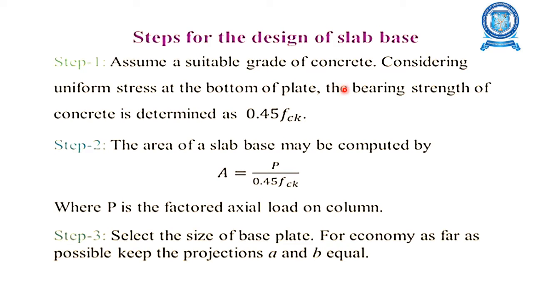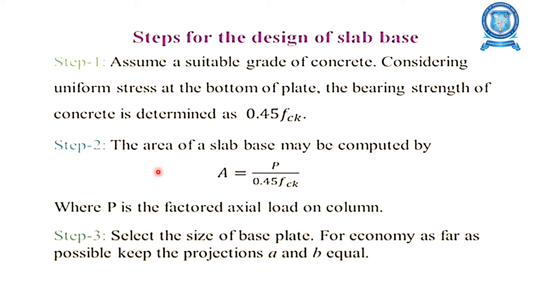The steps involved to design the base plate. Step number 1: normally we have to assume the grade of the concrete, considering uniform stresses at the bottom of the plate. The bearing strength of the concrete is determined based on the codal provision, that is equal to 0.45 fck.